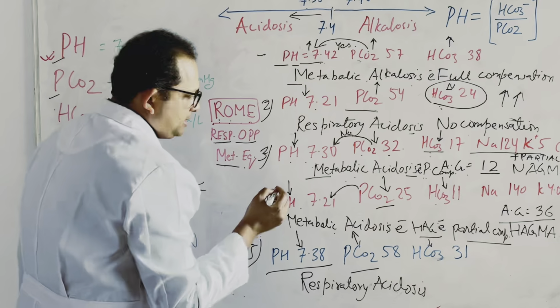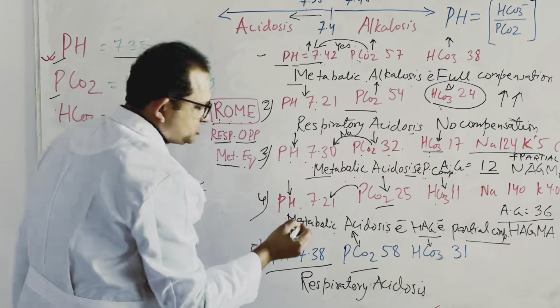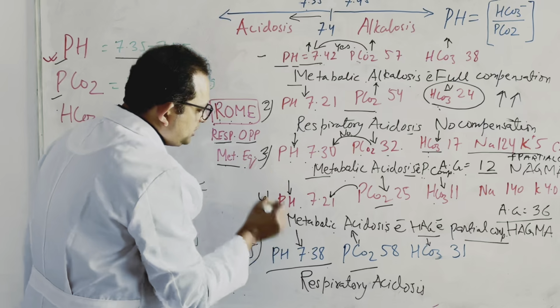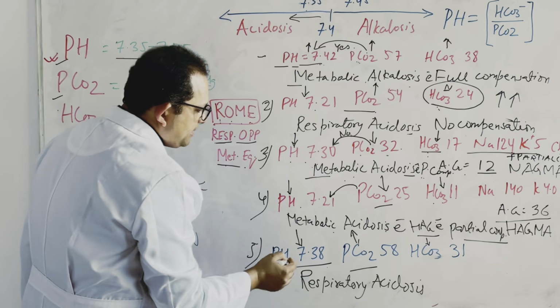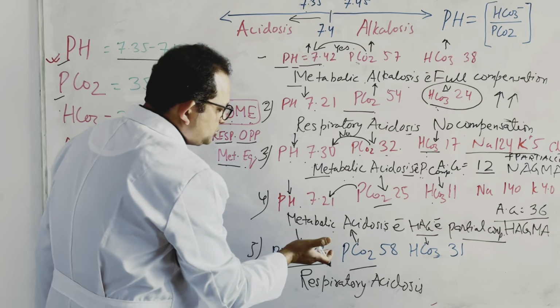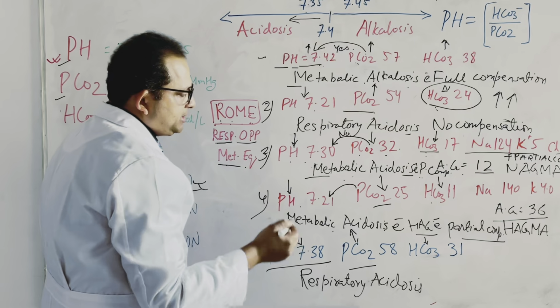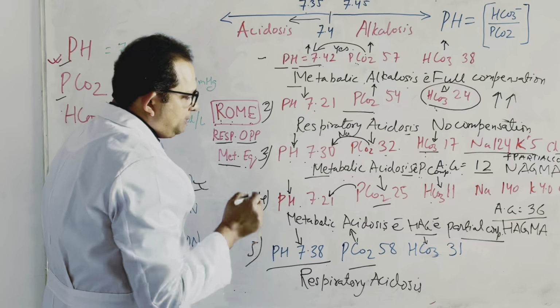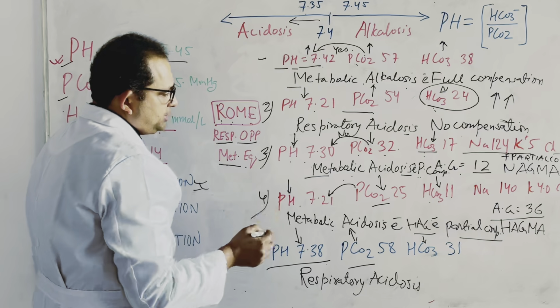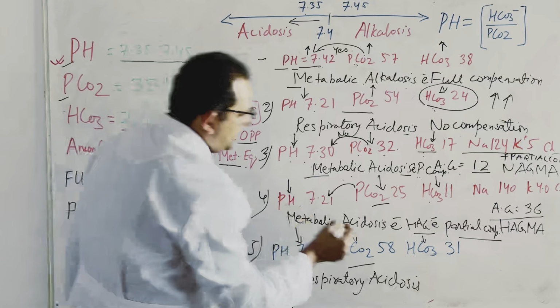Let's find out whether the compensation is going on or not. To increase the pH and to decrease the PCO2, what will happen in the metabolic compensation? In metabolic compensation, the HCO3 or bicarbonate should be high.